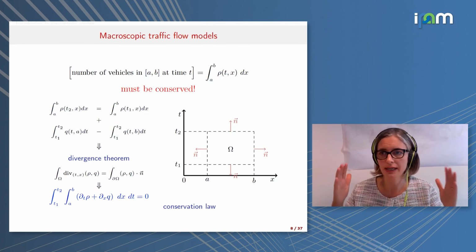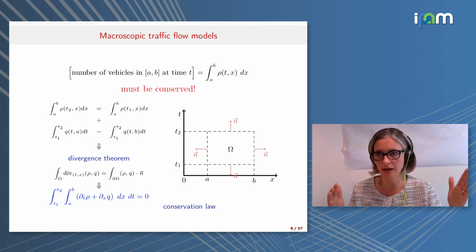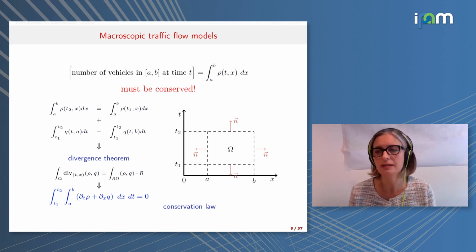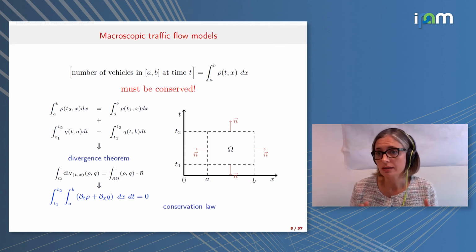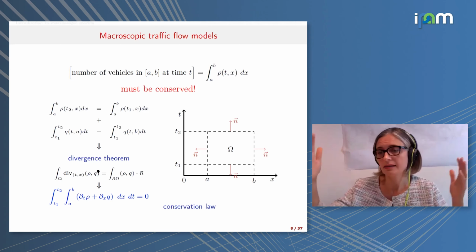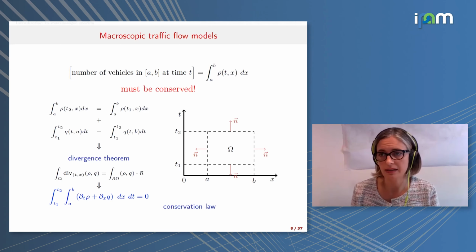So if you are given a stretch of road without any on-ramp and off-ramp along it, just an entry point and an exit point, you want the cars that enter in A to exit after some time in B, and that we neither lose nor create vehicles.